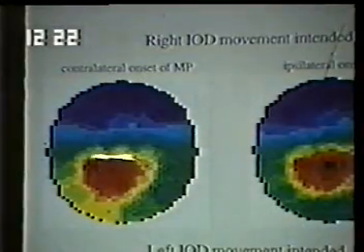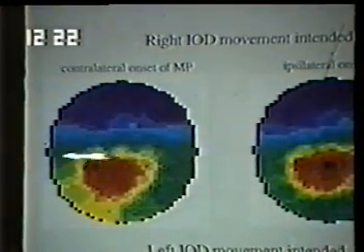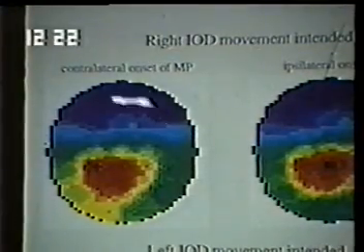Now, in particular, let's look at what happens on a millisecond by millisecond basis, and this is sort of interesting. If one looks at the intended movement of the right first dorsal interosseous muscle, just before the movement in the right dorsal interosseous muscle, there is a focus, there is the highest negativity in the region of C3 on the left side of the brain, contralateral.